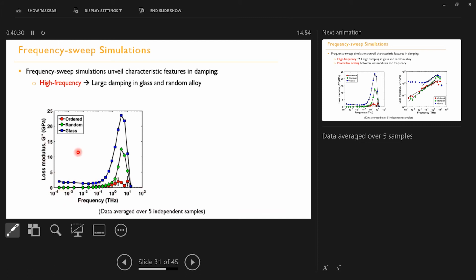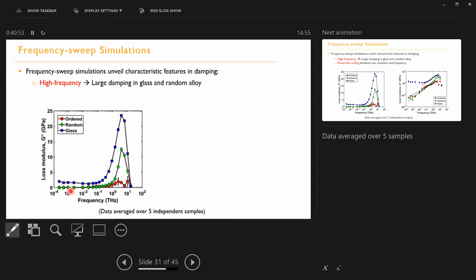And what's interesting is the ordered and random alloys, which are structurally ordered, right? There is no structural disorder in these two alloys. They show a loss modulus that is going to zero at low frequency. Okay? But the glass alloy, the glass structure, shows a finite loss modulus even at very low frequency. Okay?